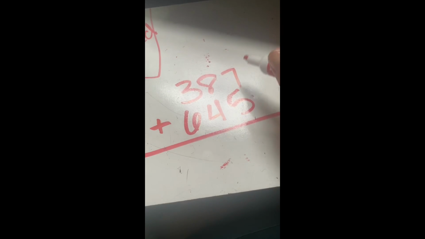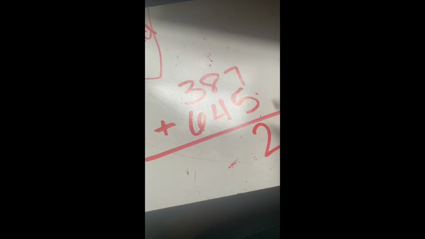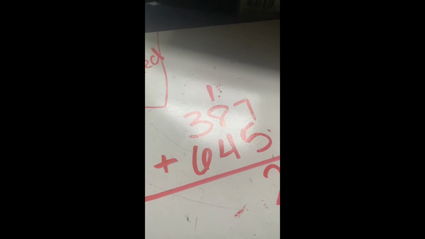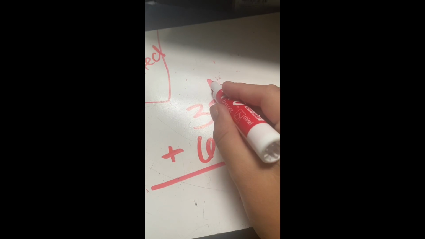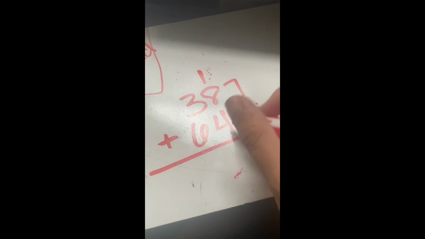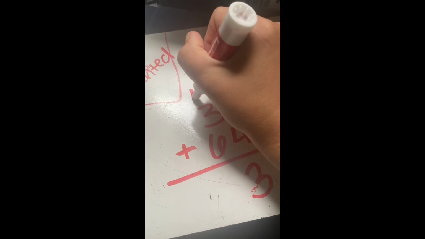So let's see. 7 plus 5 is 12. Carry the 10 to the tens place. 1 plus 8 is 9. 9 plus 4 is 13, which is really 90 plus 40 is 130.